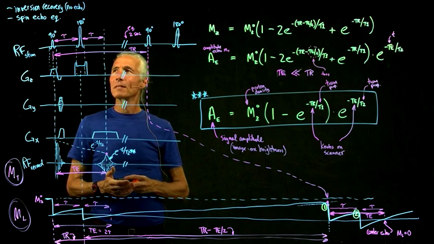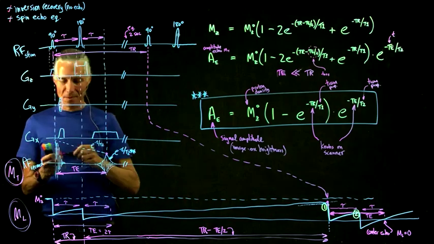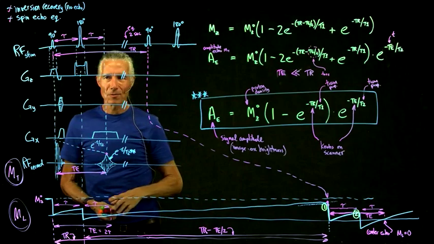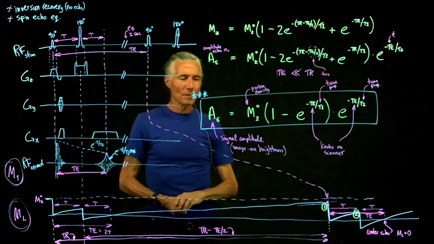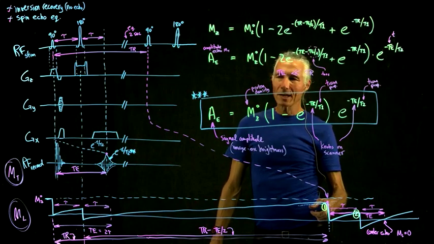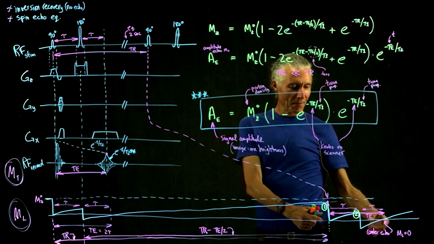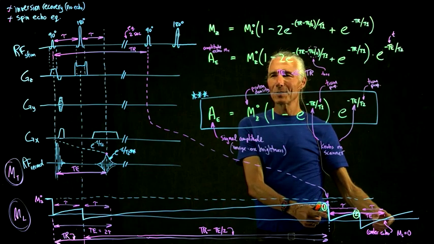Okay, so that was Inversion Recovery and SpinEcho with an actual echo. So it's similar to what I did when we were going over the SpinEcho equations, but that was just for this part.